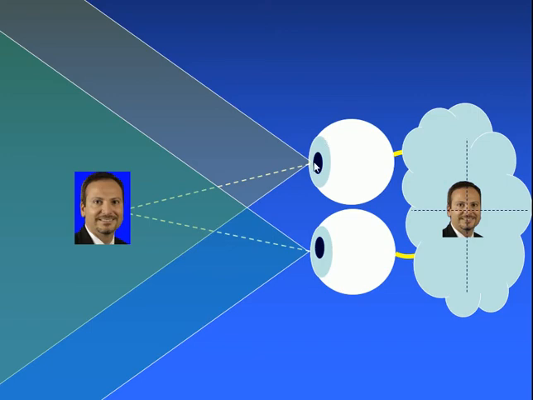And if you deprive the brain of being able to use the input from both eyes together, if you're only giving it input from the right eye and then only giving it input from the left eye, then it can't use this system of trying to match the overlapping signals to bring the eyes in alignment, and the eyes drift off to wherever they want to go.